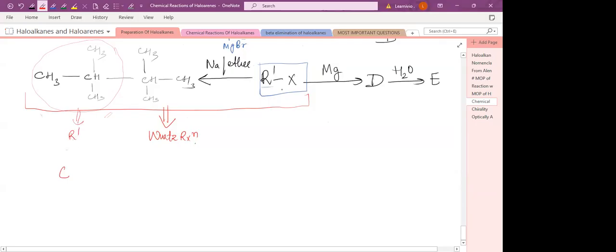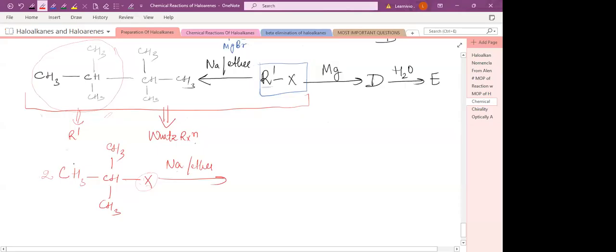So what is R dash X? R dash X is CH3, CH, and this is your CH3 and CH3 and X, right? You can write it down if you have confusion, when you treat it with sodium and ether. What will happen? You will get the product. In Wood's reaction, the halogen group is removed as NaX, and the number of carbon gets doubled. Basically, you take 2 moles of the reactant.